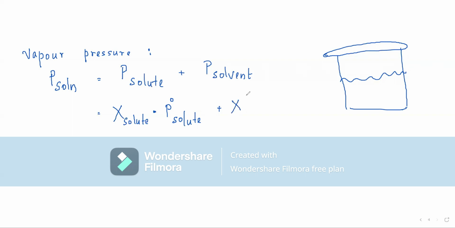Similarly, partial pressure due to solvent is X of solvent into P naught of the solvent, the pure vapor pressure due to the solvent. Now, this relationship is called Raoult's law.